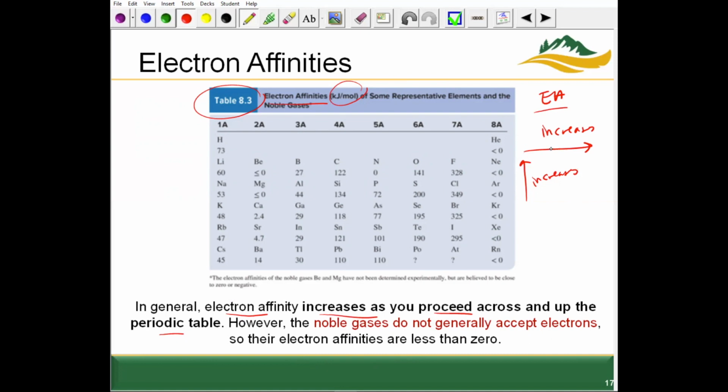But because noble gases have that happy complete duet for helium or octet for the other noble gases, they don't want to accept any additional electrons, so their electron affinity is essentially less than 0.